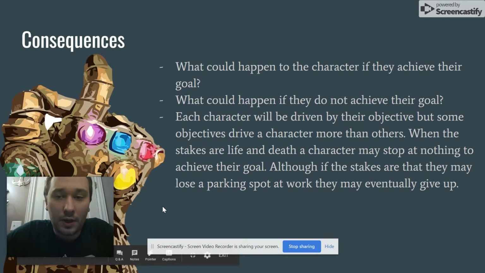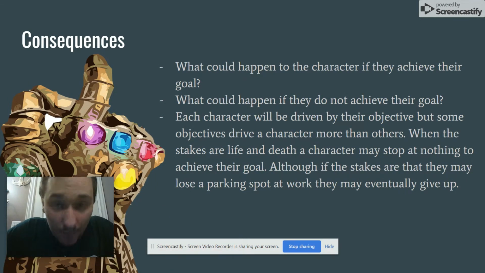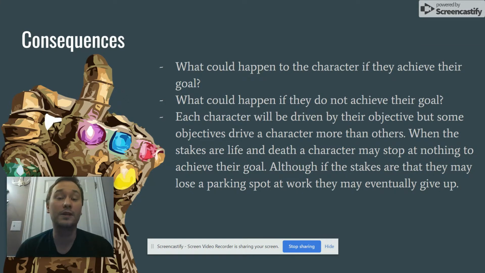What could happen to the character if they achieve their goal? Or what could happen if they do not achieve their goal? These are two things that the character might have in mind. Sometimes they don't even think about consequences. Depends on the character. Each character will be driven by their objective, but some objectives drive a character more than others.